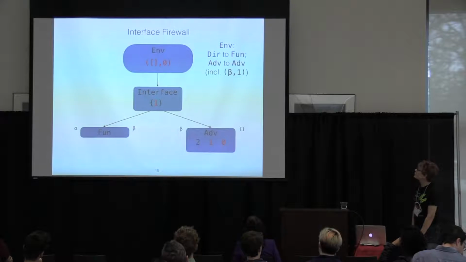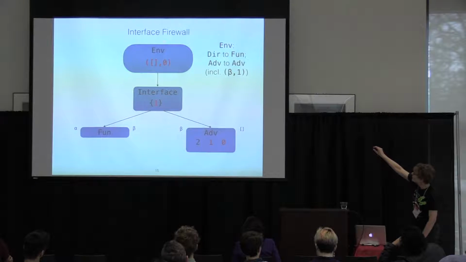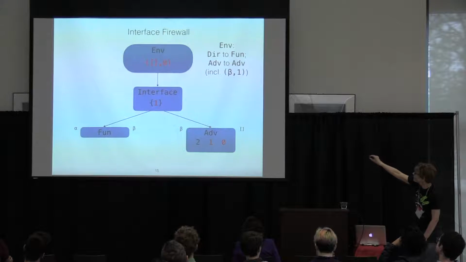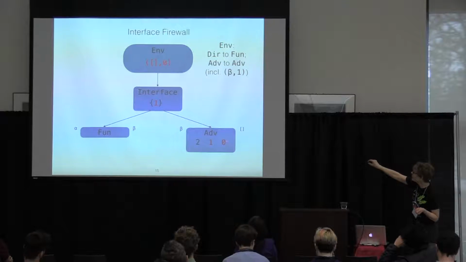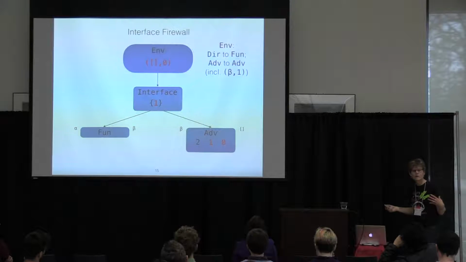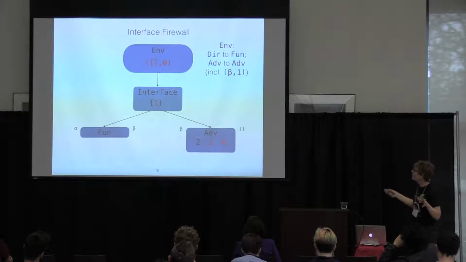So there are kind of three message flows that can happen. The environment can send direct messages down this branch, and adversarial messages down this branch, but not the other way around. And the function of the input guard is to control what ports of the adversary are accessible to the environment. 0 is always accessible. That's that standard communication path.